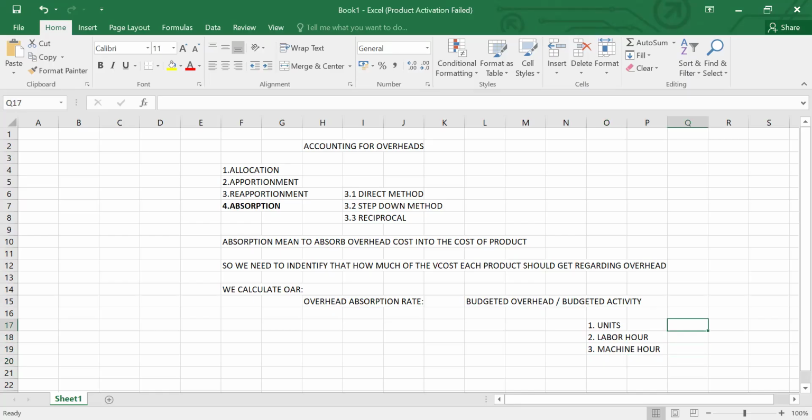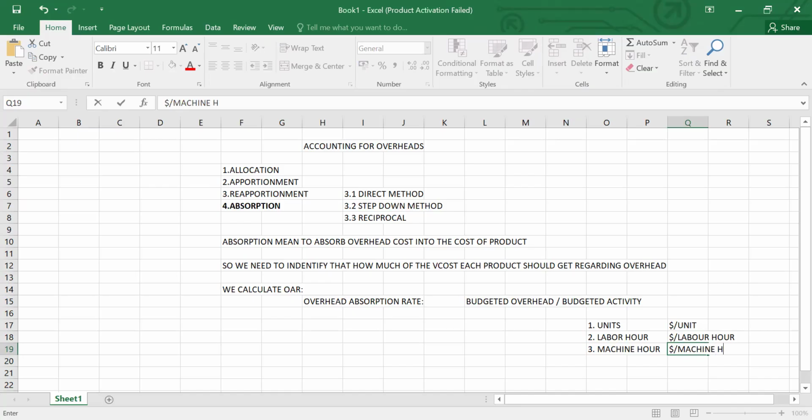For example, if we use units as the budgeted activity, the answer will be in dollars per unit. If we use labor hours, the OAR answer will be in dollars per labor hour. And if we use machine hours, then that will be dollars per machine hour.